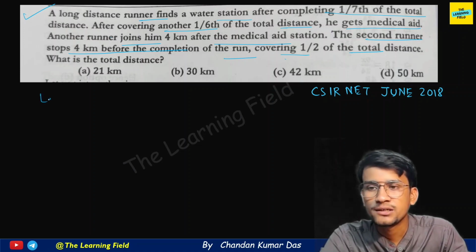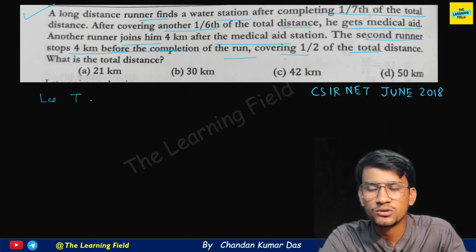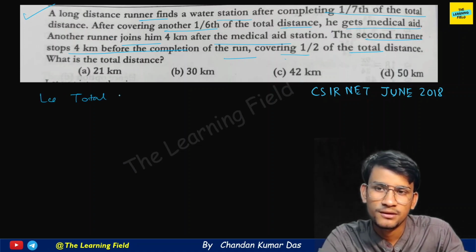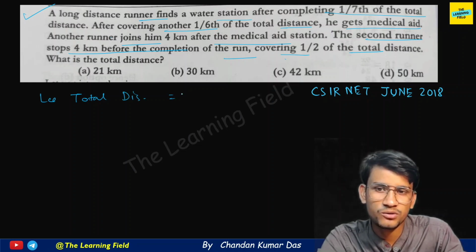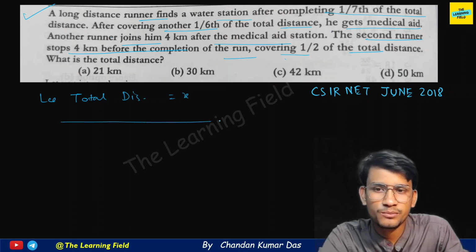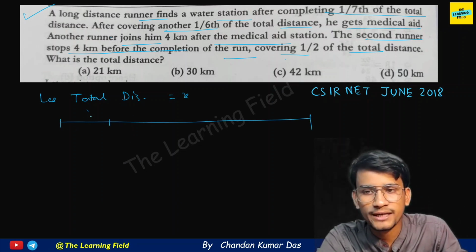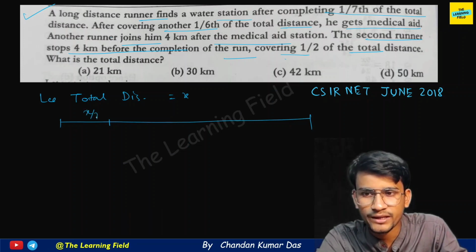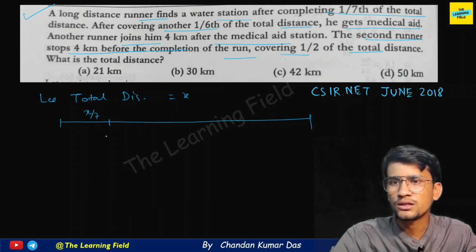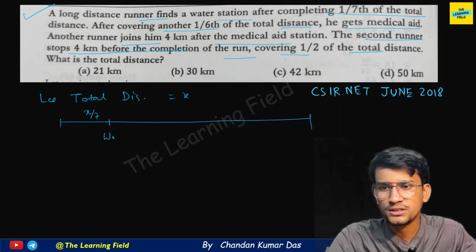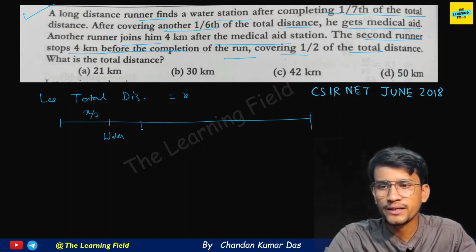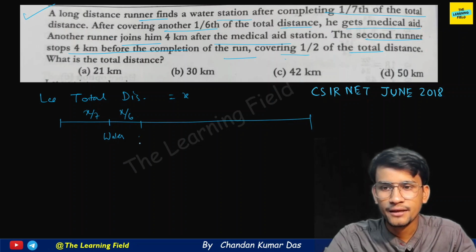Let the total distance be x. Suppose this is the complete path. After completing 1/7, that means this distance is x by 7, and this is the water station. After covering 1/6 of the total distance, that means x by 6, he gets the medical station.